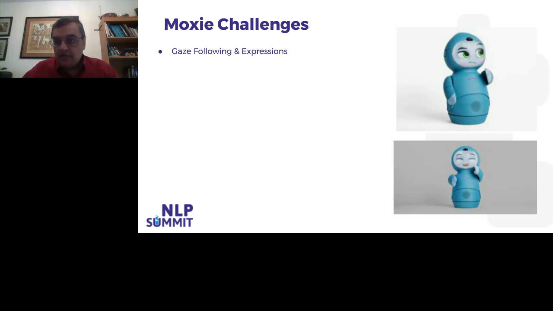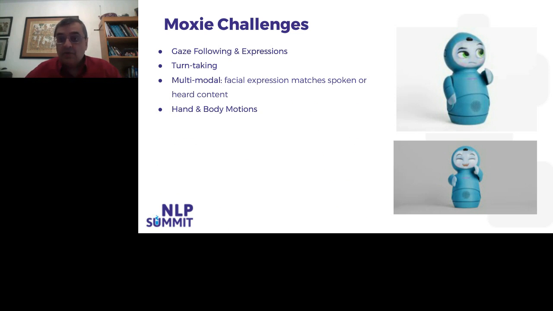Moxie has to learn to take turns, so it cannot interrupt. And then when it does respond, it should not respond immediately. A machine that, as soon as you finish talking, starts talking back within 0.1 second, is very unnatural. Humans take time to process before they respond, and we would like Moxie to do the same.